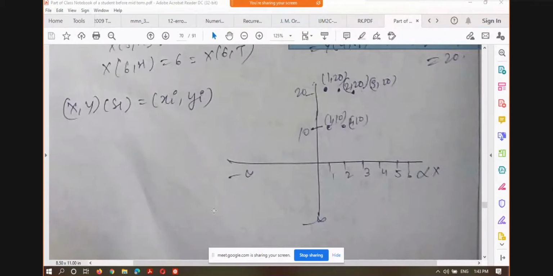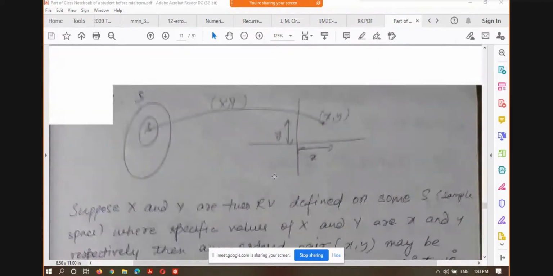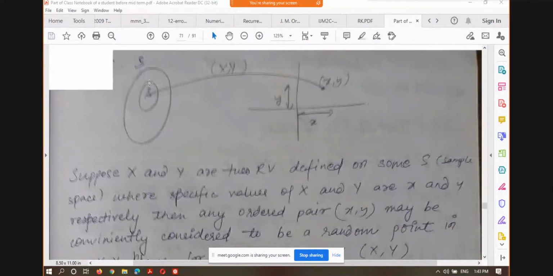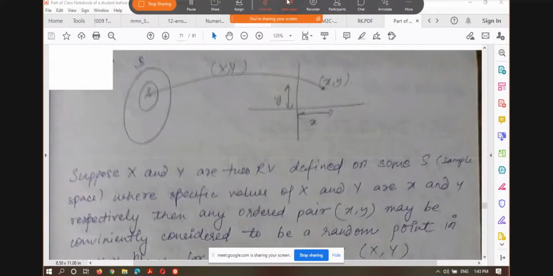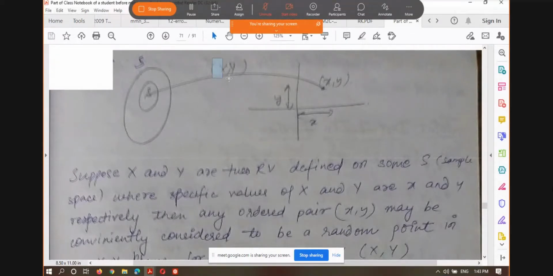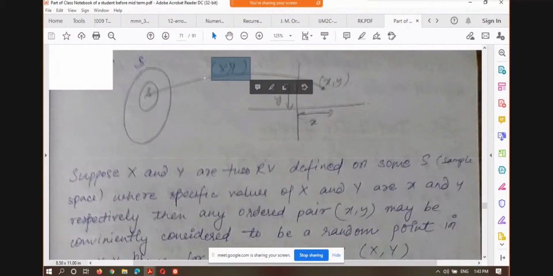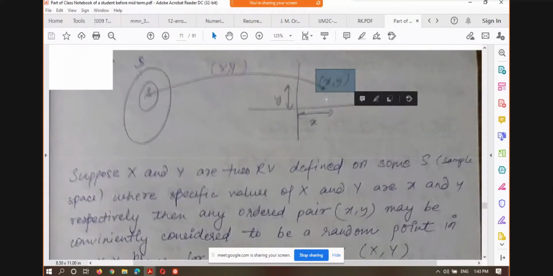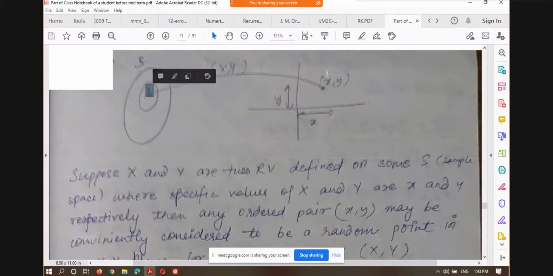So this is the way we are mapping sample points in the two-dimensional plane through the two random variables capital X and capital Y. So the sample point S, now earlier we had only one random variable X, now we have two random variables X, Y, and they take the sample point S to the point (x, y), where small x corresponds to capital X and small y corresponds to capital Y. It means X(S) is small x and Y(S) is small y.